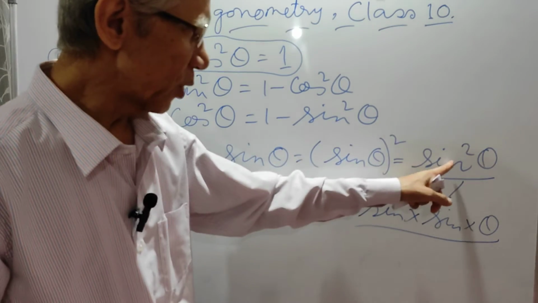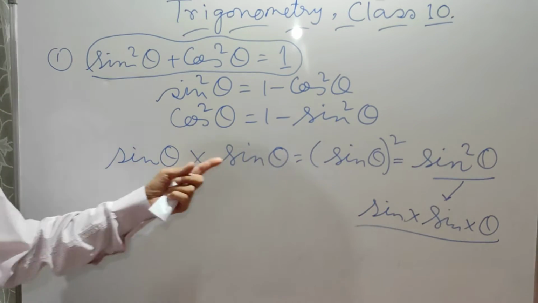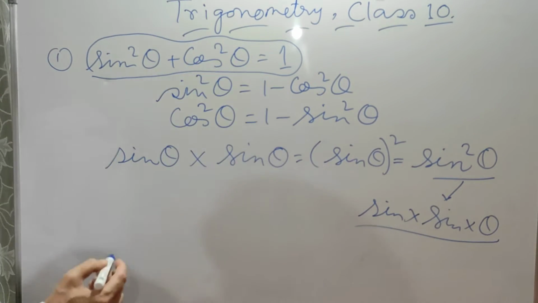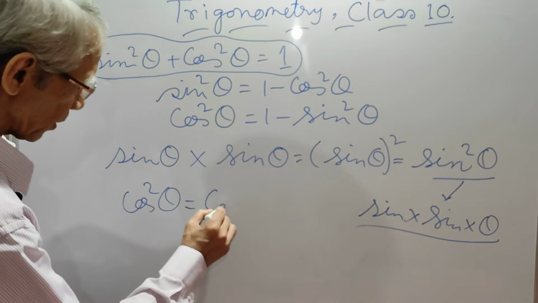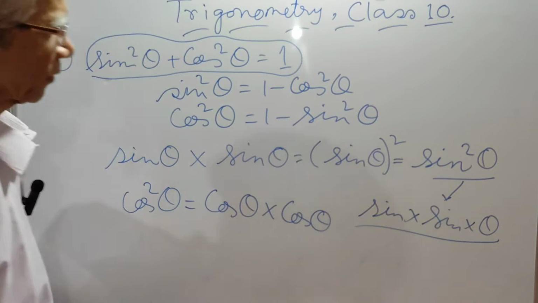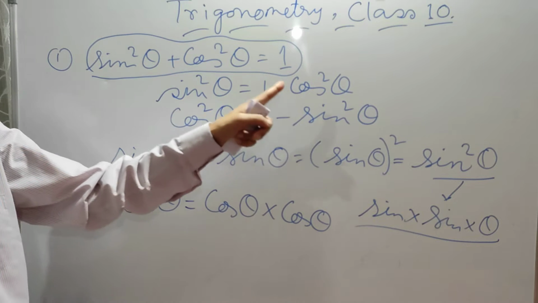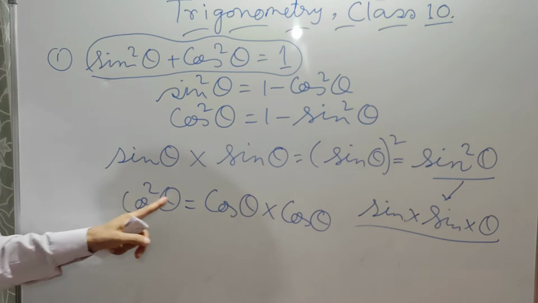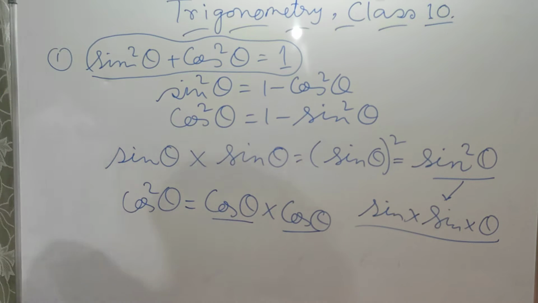So actually, sin square theta means sin theta whole square, which again means sin theta into sin theta. And cos square theta means cos theta into cos theta. It does not mean cos into cos. It means cos theta into cos theta, that means cos theta whole square. You follow?